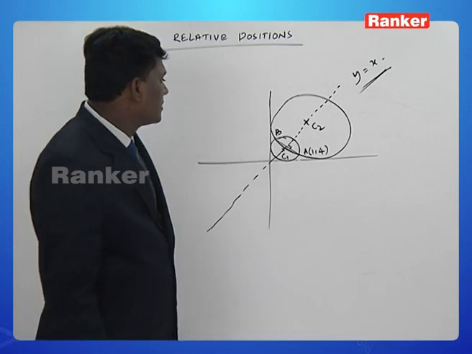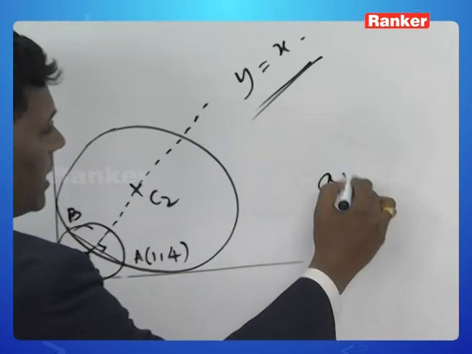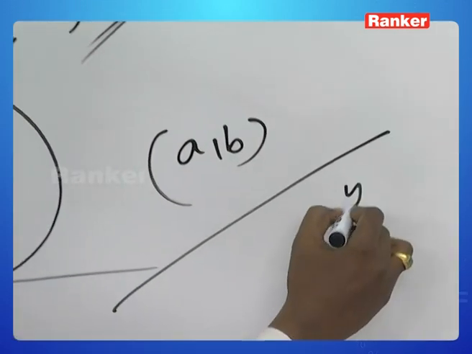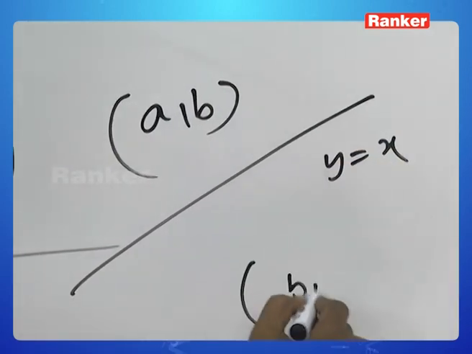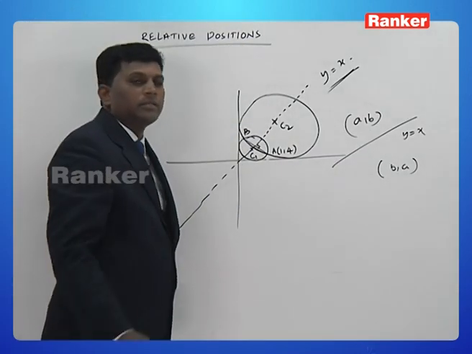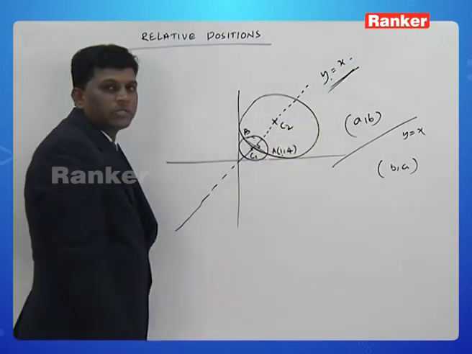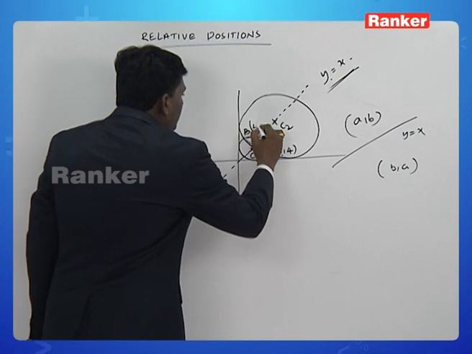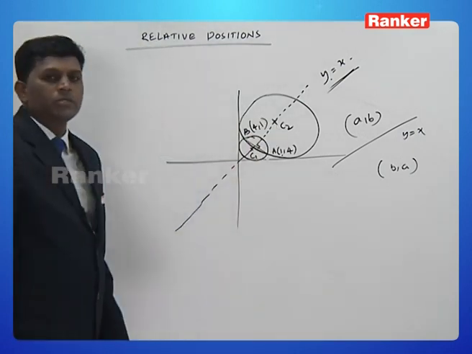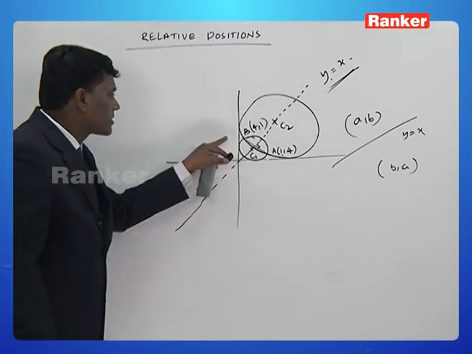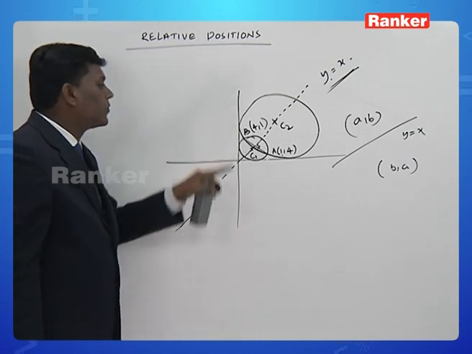And we know that image of a point (a, b) with respect to the line y equals to x is (b, a). That is why image of (1, 4) with respect to the line y equals to x will be (4, 1). So, we are getting the second point of intersection also as (4, 1).